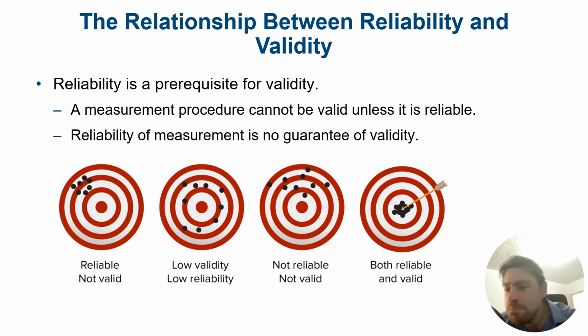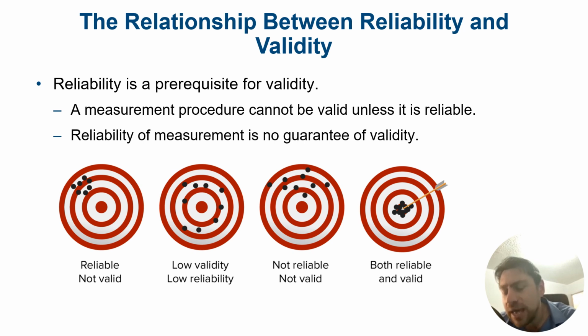It's probably not measuring actual intelligence or anything remotely similar. So reliability is a prerequisite for validity. If your measure is not reliable, it is also not valid. And something that is reliable, on the other hand, does not guarantee that it's valid.